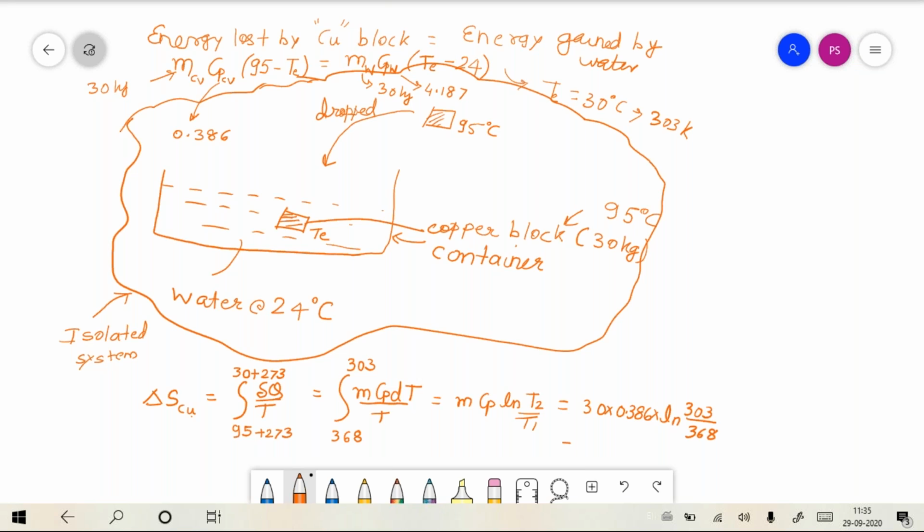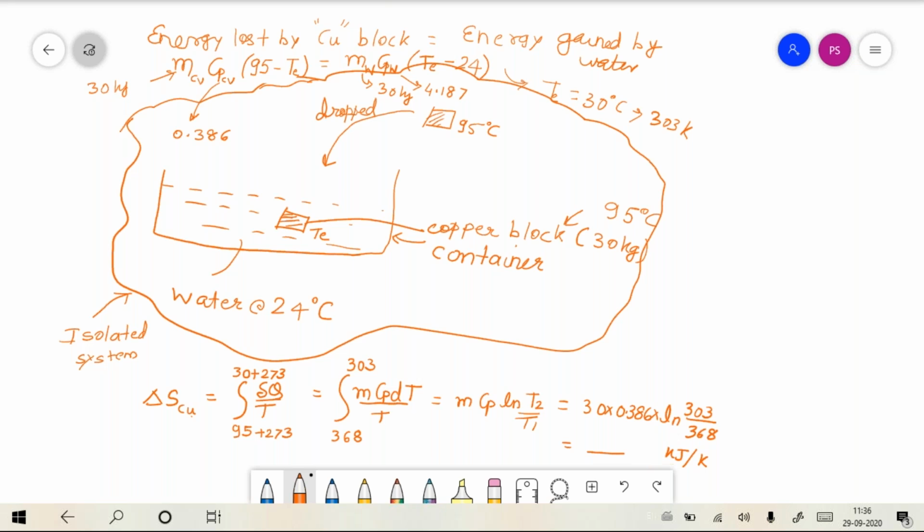So calculate this value and tell me the answer. The answer in kilojoules per Kelvin would be the entropy change of the copper block.